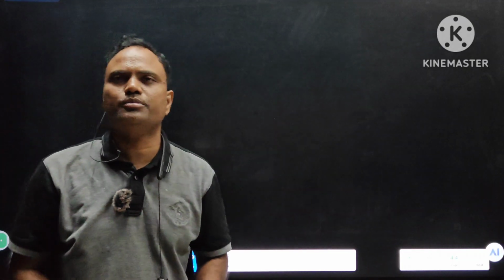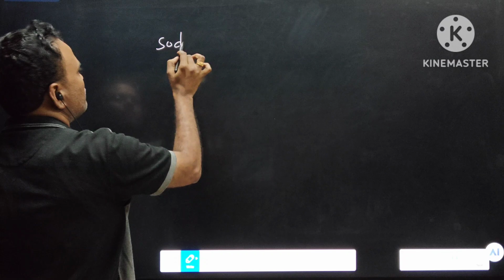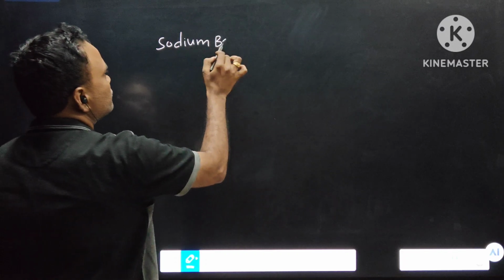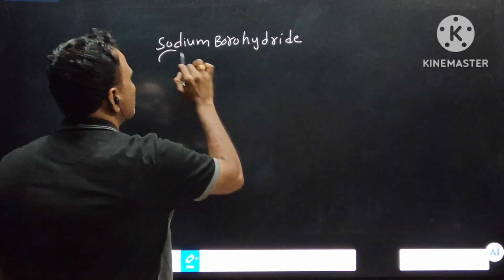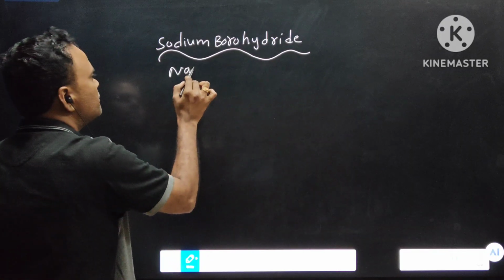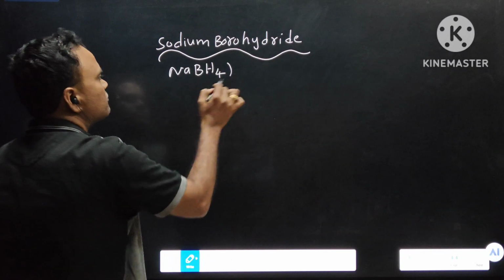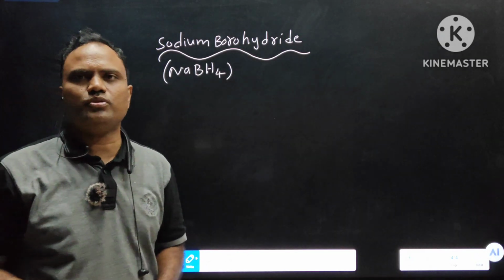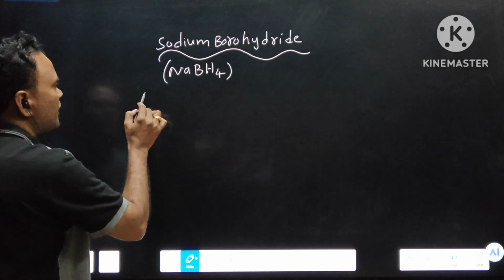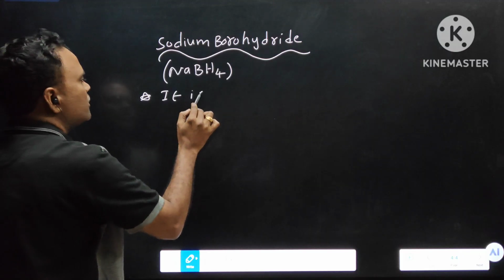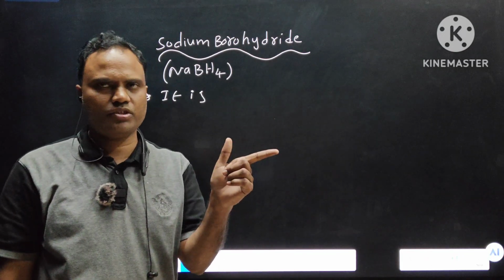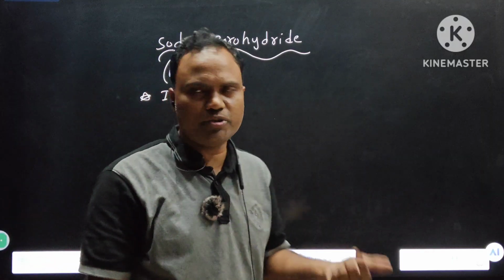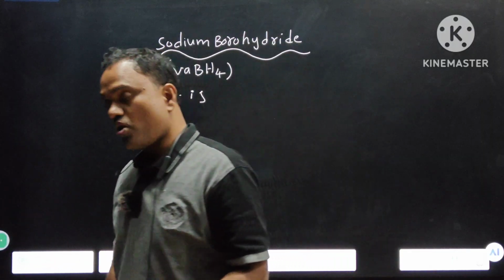That is about lithium aluminium hydride. Next, sodium borohydride, NaBH4. Write the points. Lithium aluminium hydride is a powerful, strong reducing agent.